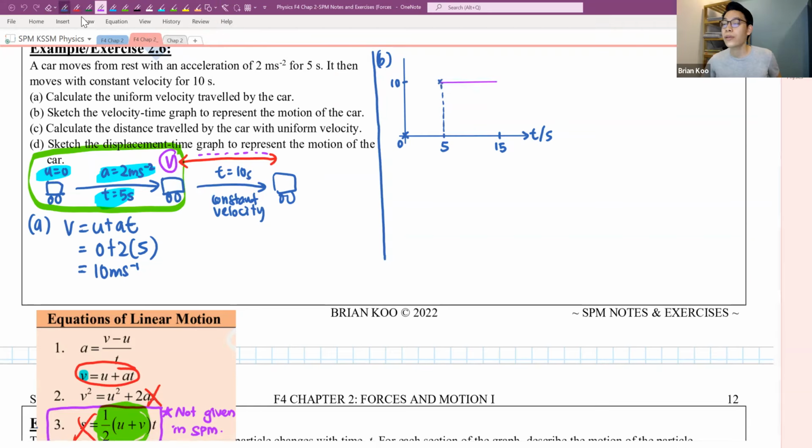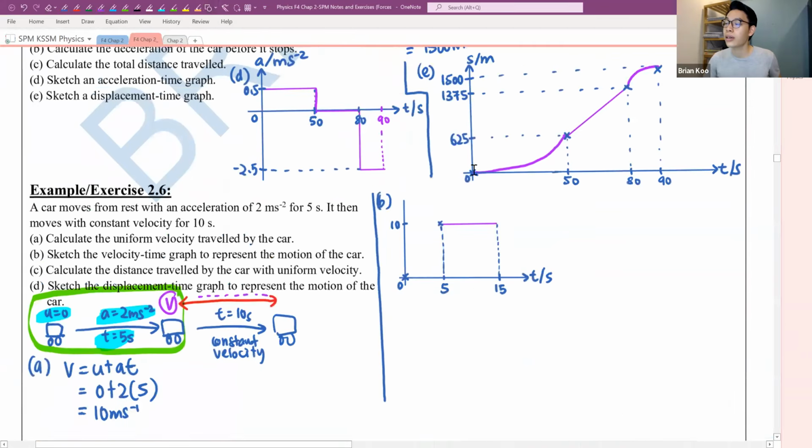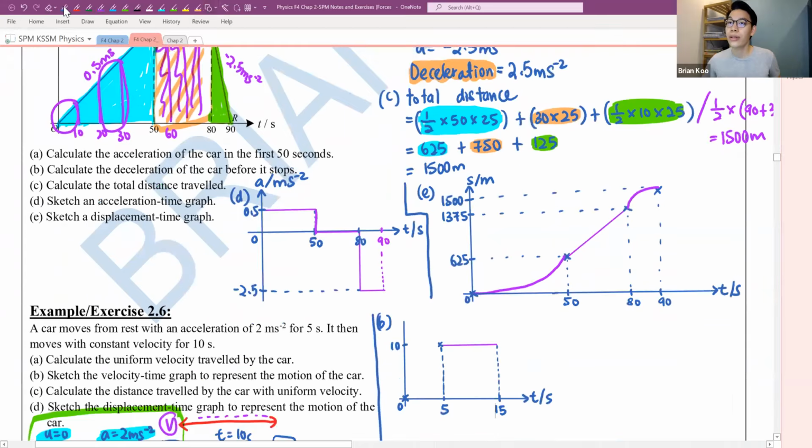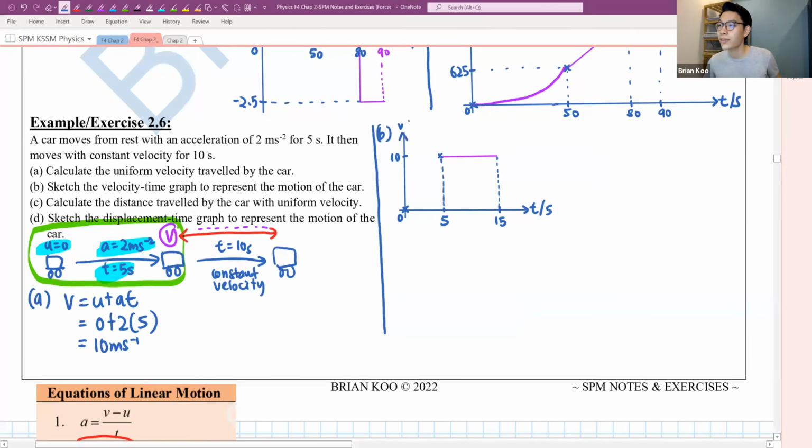But if you are one of those students who suddenly, after the previous question, is uncertain whether you are going to draw a curve or a straight line, well, this is the time. For those of you who know the answer, very good. For those who are unsure, let's see. The first part is constant acceleration. The gradient of this is what? Acceleration. When is a gradient a fixed value?